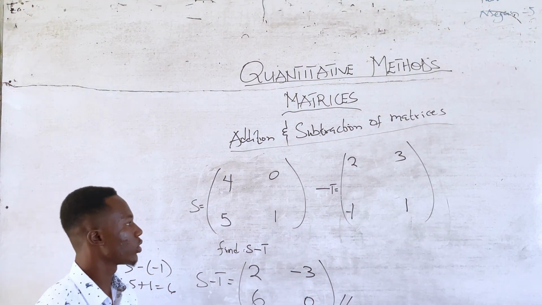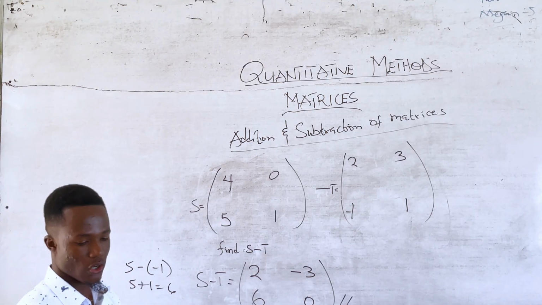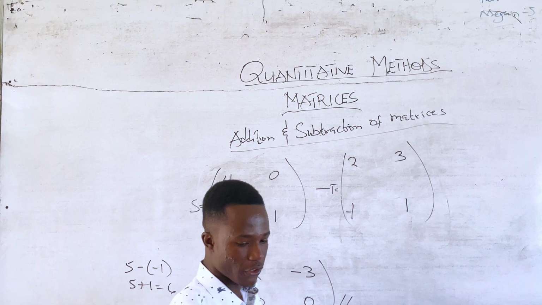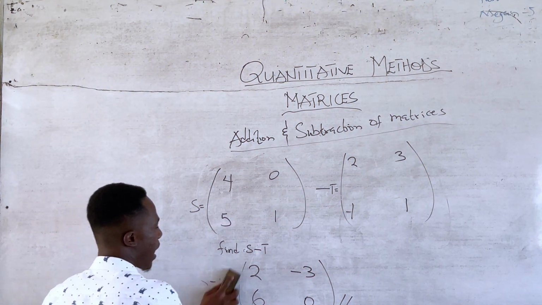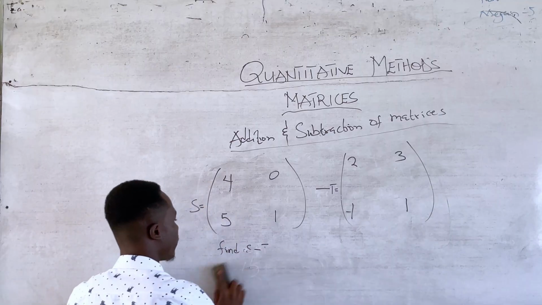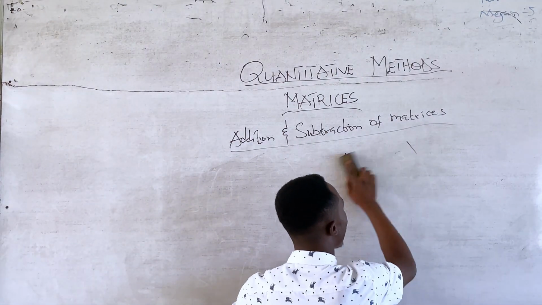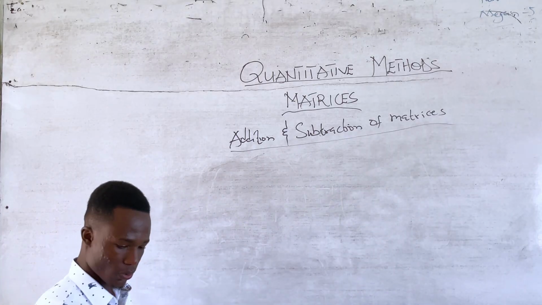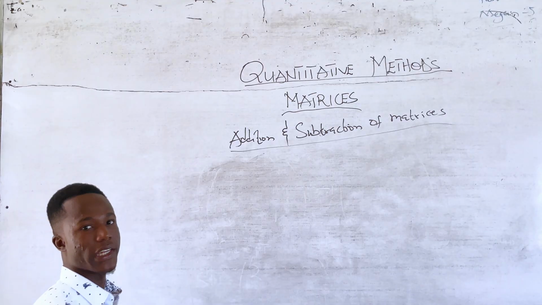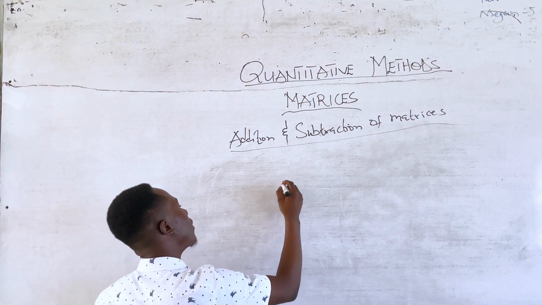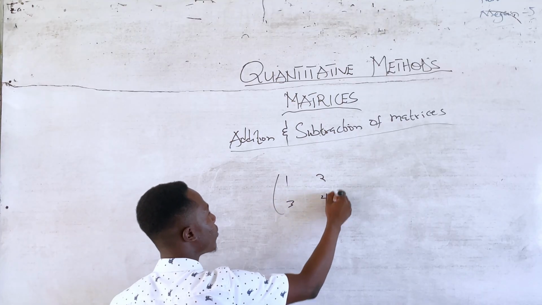So when it comes to subtraction of matrices, this is how we also do it. Now I'm giving you 2 questions to try and you provide the answers at the comment section. When you are providing the answers, you see a matrix is in the form of 1 2, 3 4.